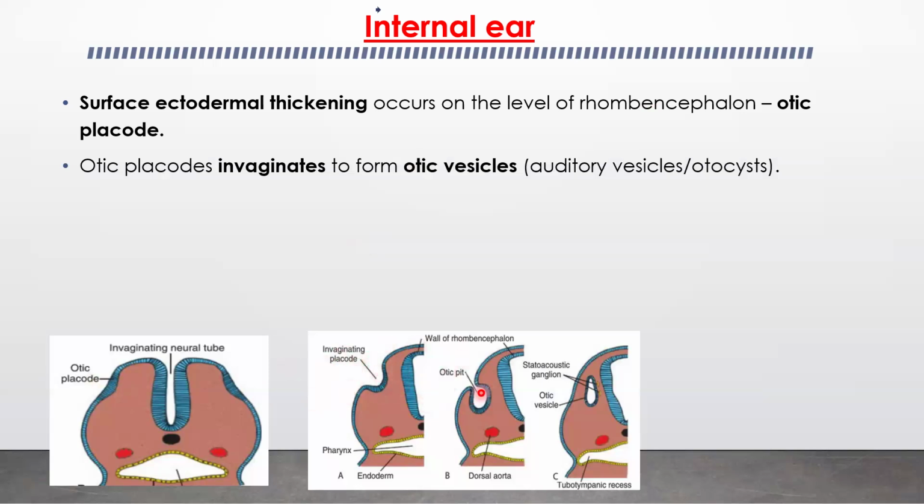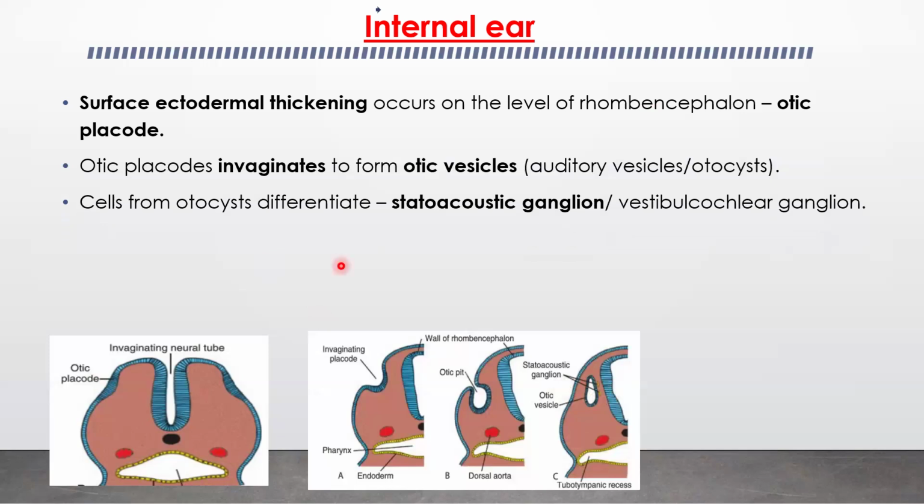And then this otic vesicle is also known as the otocyst or the auditory vesicle. So this otic vesicle will get invaginated into the mesenchyme that is inside it, and then it will differentiate into various cells, as we'll see in a few minutes.